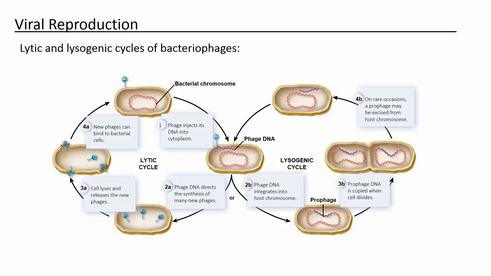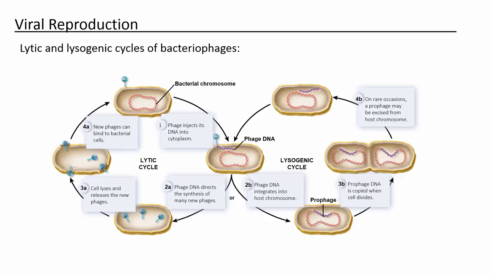In the lysogenic cycle, there's no production of new viruses, and you're not going to lyse the cell. What happens in the lysogenic cycle is that the phage DNA becomes incorporated into the host cell genome.